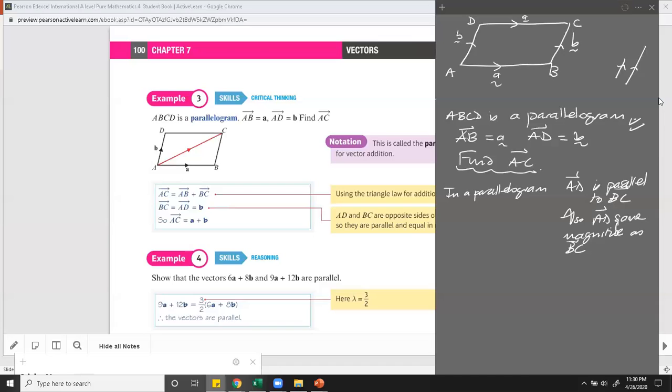They're both A. Now you've got to find AC. So you're going to go from A to D and D to C. A to D is B, check which direction you're going in, and D to C is A. You could write that in alphabetical order, A plus B, but you wouldn't lose marks in an exam if you did do that, okay?